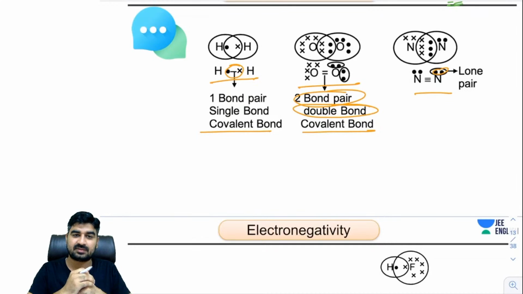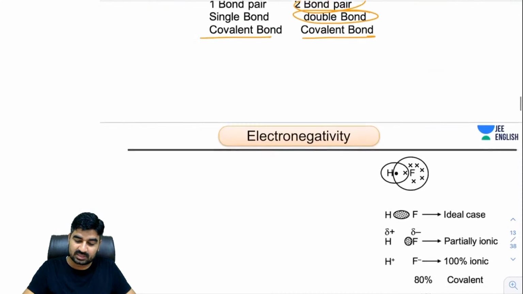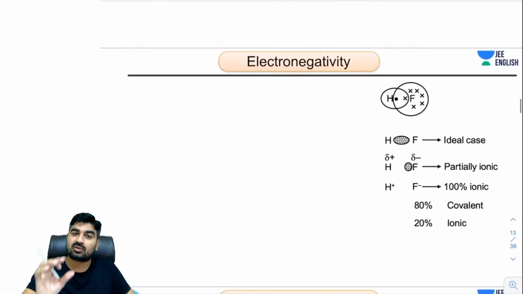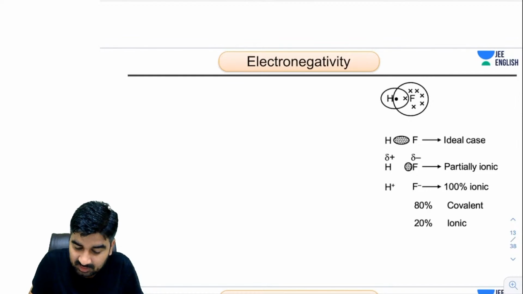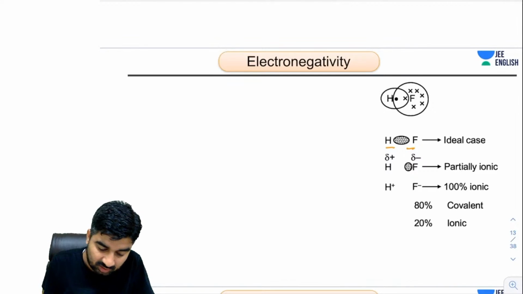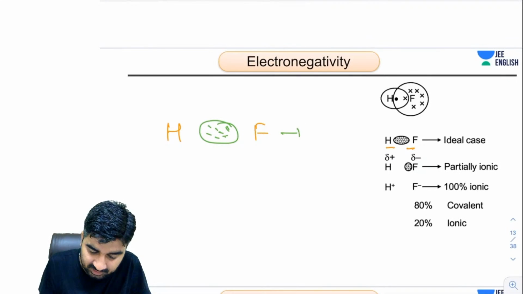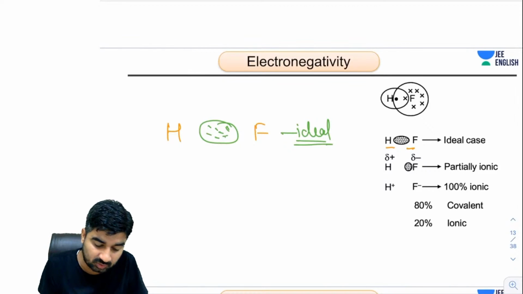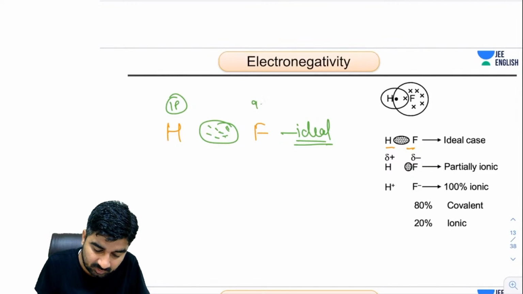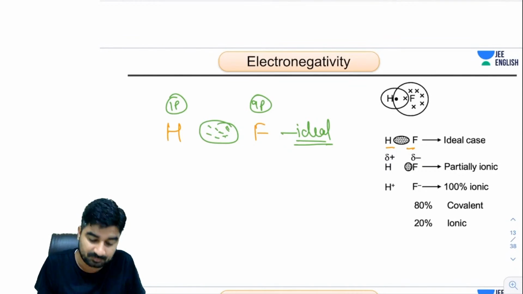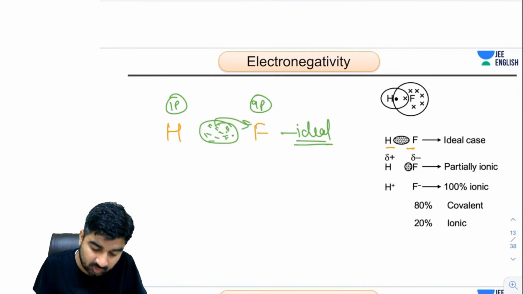Clear? Yes. So what is electronegativity? Let's take this HF example. So hydrogen and fluorine. In the ideal case, this electron cloud should have been at the center. But I just told you it has 1 proton and it has 9 protons. Now what will happen? These electrons are attracted towards fluorine.